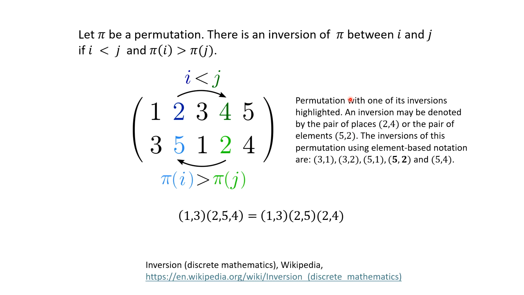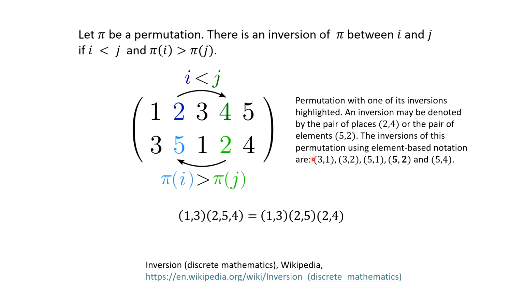And then the Wikipedia article notes that we can denote the inversions by the pair of places, in other words, 2 and 4 in our example, or the pair of elements, 5 and 2. The inversions of this permutation using element-based notation are 3,1; 3,2; 5,1; 5,2, which is the one we just looked at; and then 5,4.